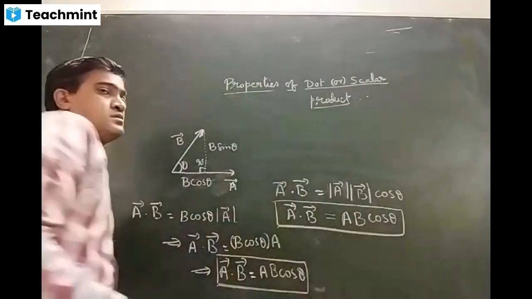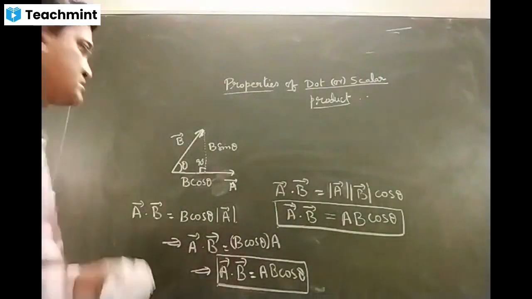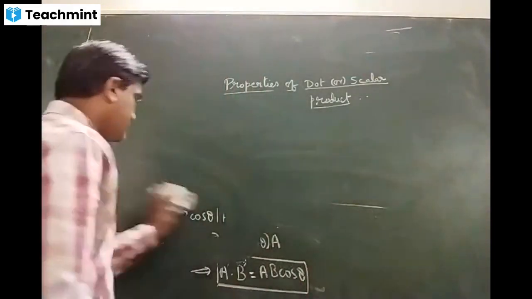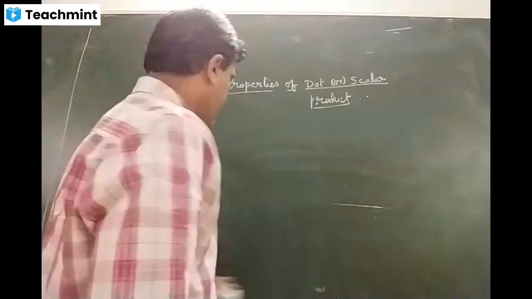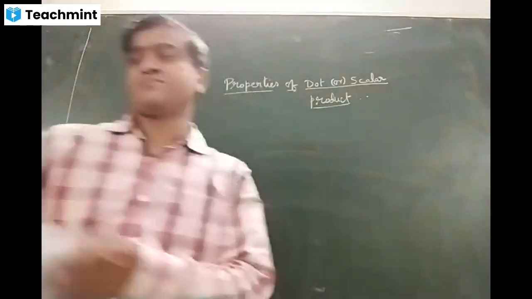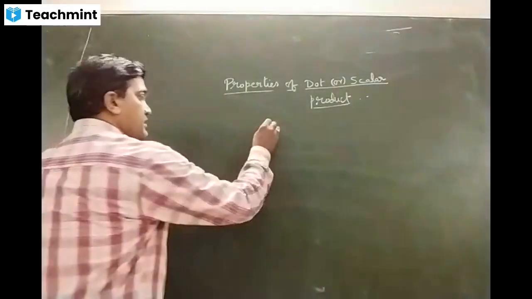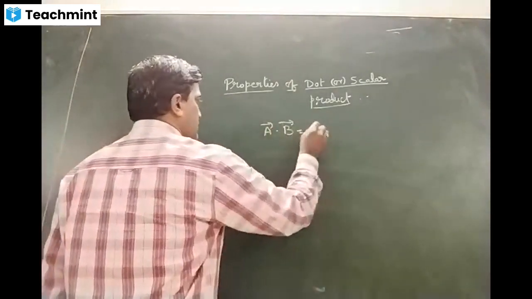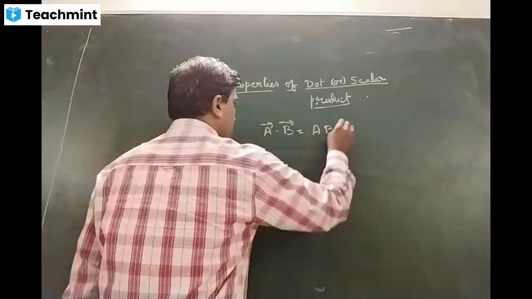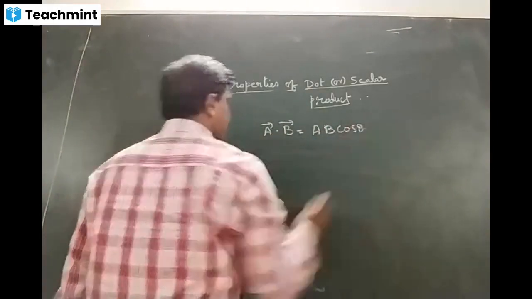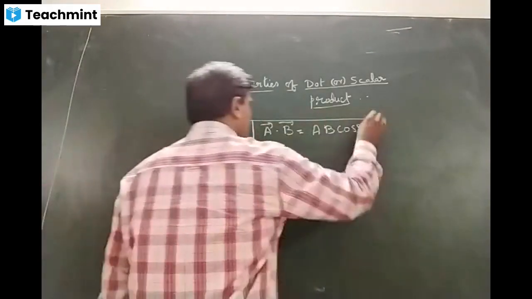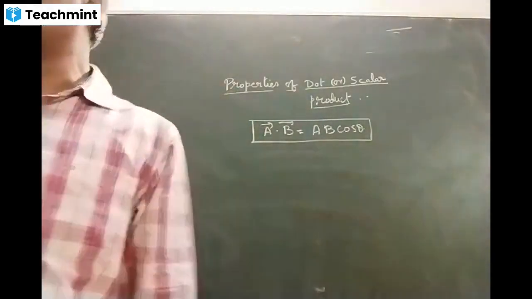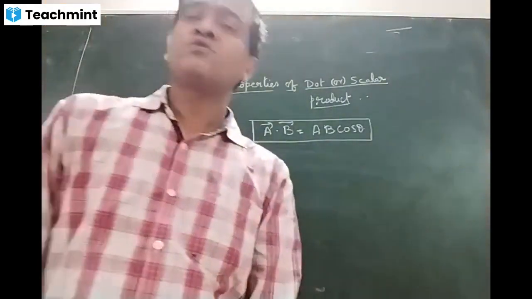Properties of dot or scalar product. First of all, you have to remember the formula. What is the formula? A bar dot B bar is equal to AB cos theta.